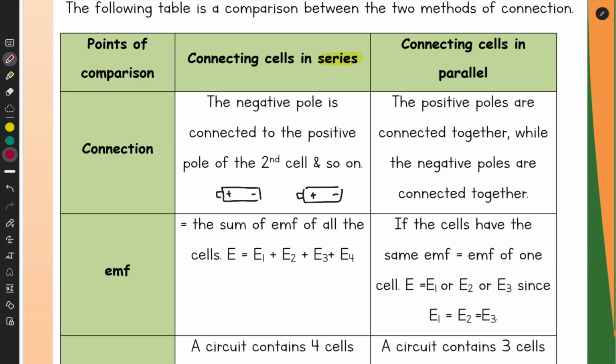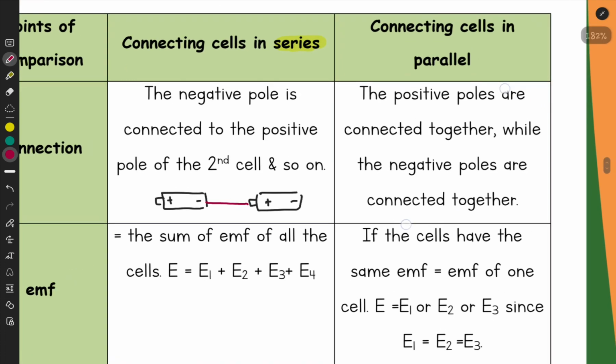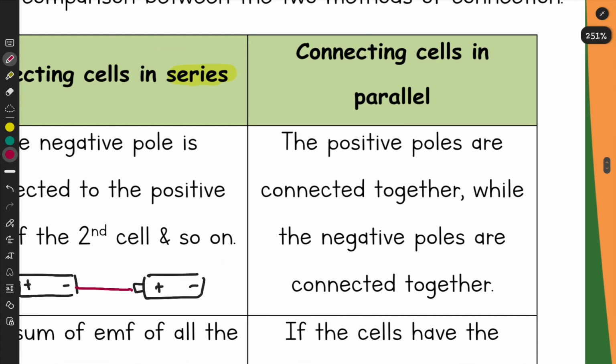If we want to connect them in series, we connect the positive one to the negative one, like this. Unlike the parallel, if I want to connect them in parallel, I use it like this.